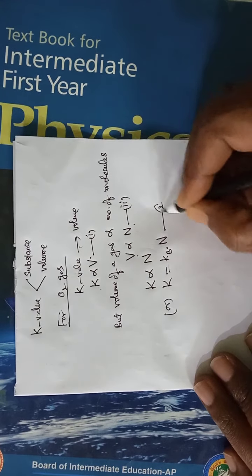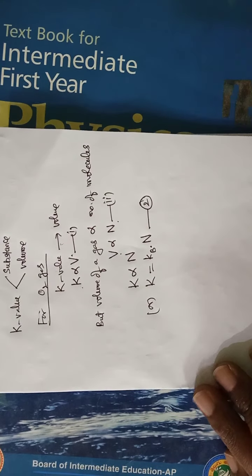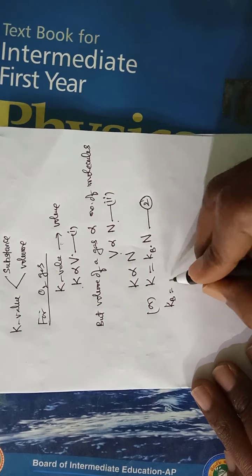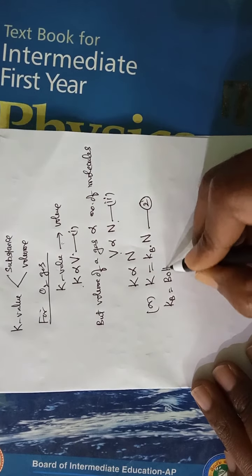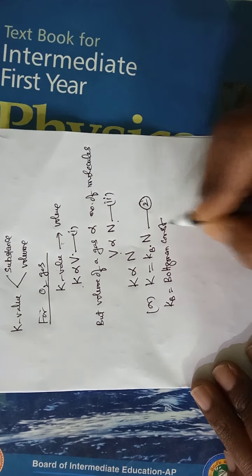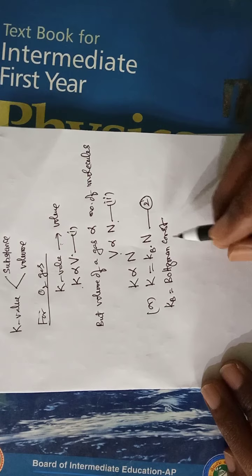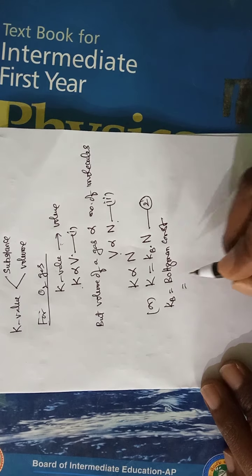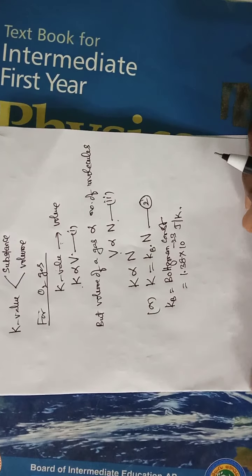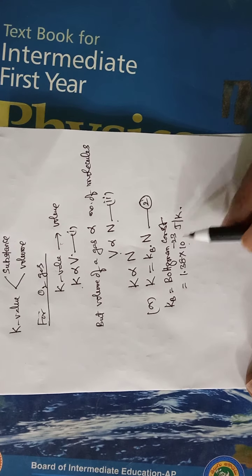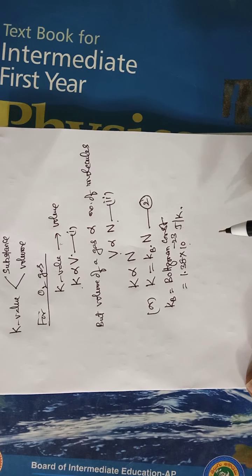Let this be the second equation. And here the constant of proportionality is known as the Boltzmann constant. The value of the Boltzmann constant is 1.38 x 10^-23 joule per Kelvin.